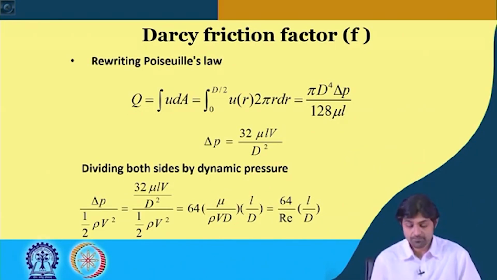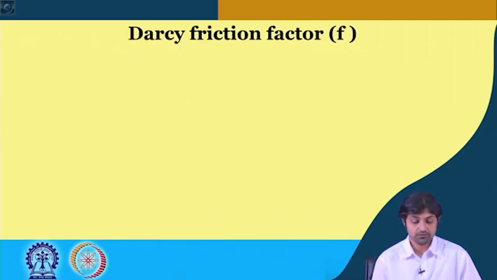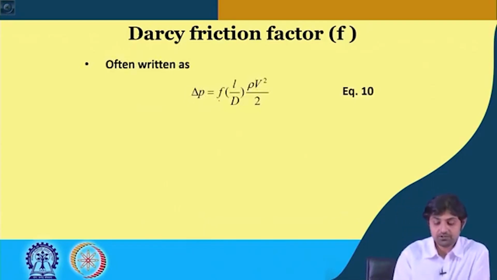You see, we would see later that this 64 by Re is termed as the Darcy friction factor F. This is for laminar flow. So this is often written as delta p is equal to F into L by D into rho V square by 2.